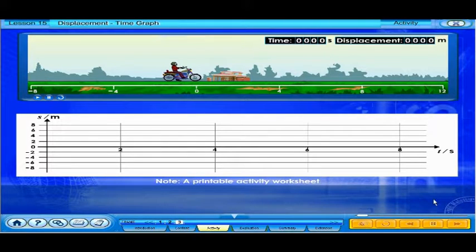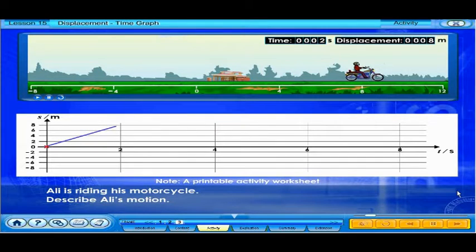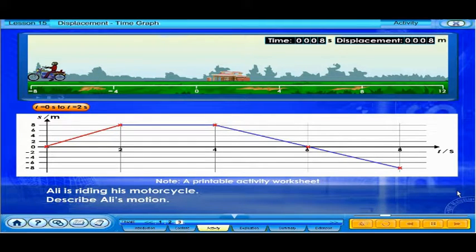Ali is riding his motorcycle. Describe Ali's motion. Describe the motion of the motorcycle from t equals 0 seconds to t equals 2 seconds. Describe the motion of the motorcycle from t equals 2 seconds until t equals 4 seconds.